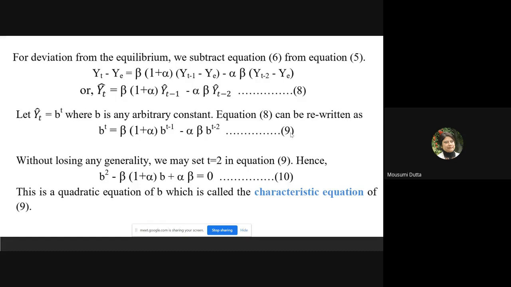Please check everything. If you have any doubt, any question, please ask me. So everybody has a concept about characteristic equations and characteristic roots from class 2 level mathematics, am I right? No, ma'am.